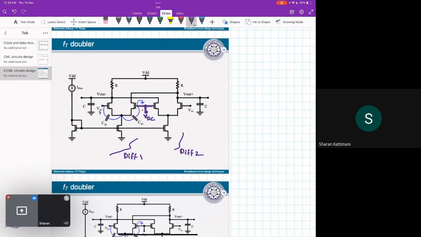In a differential amplifier we know that there will be a virtual ground. If you have transistors in this fashion and apply V in plus and V in minus here, then this node is virtual ground.